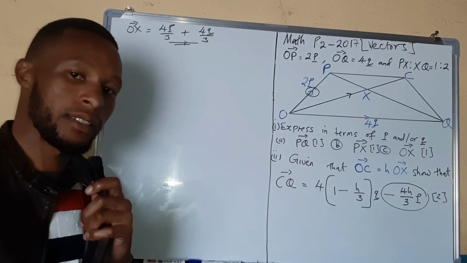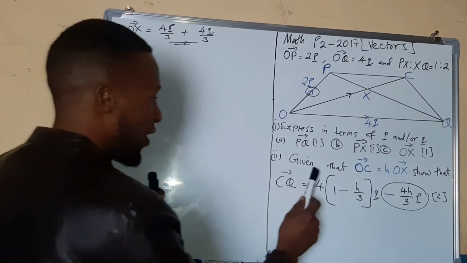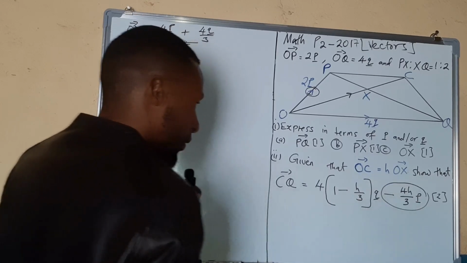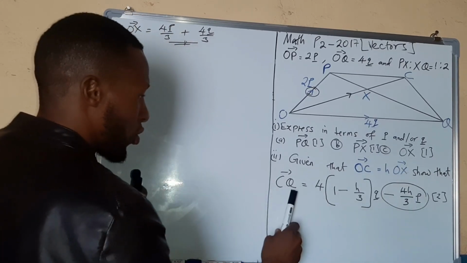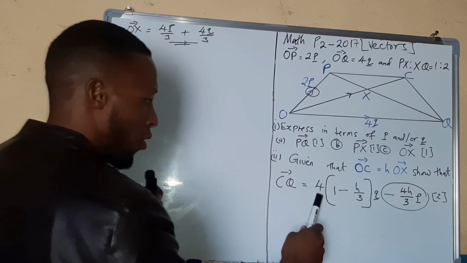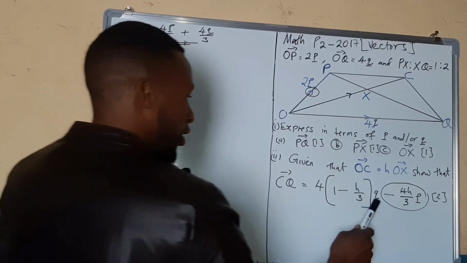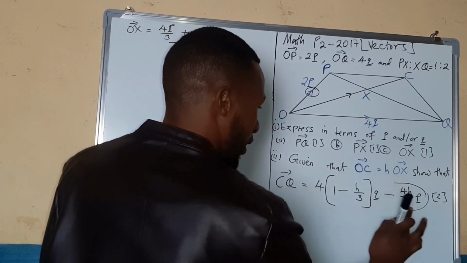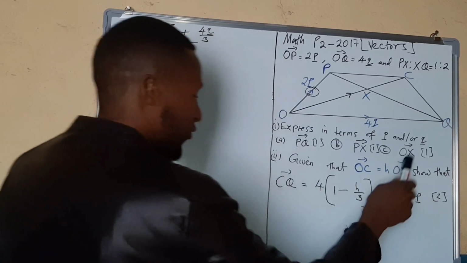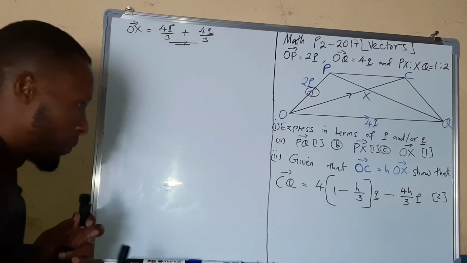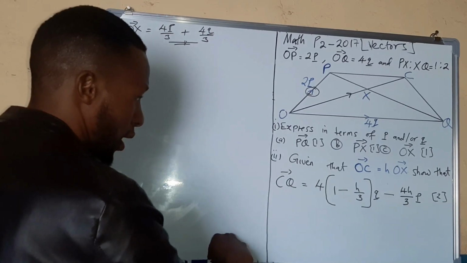We go to question 2. Given that vector OC is equal to H OX, show that CQ is equal to 4, open square bracket, 1 minus H over 3, Q minus 4H over 3, then P in vulgar form. So we are trying to show that.